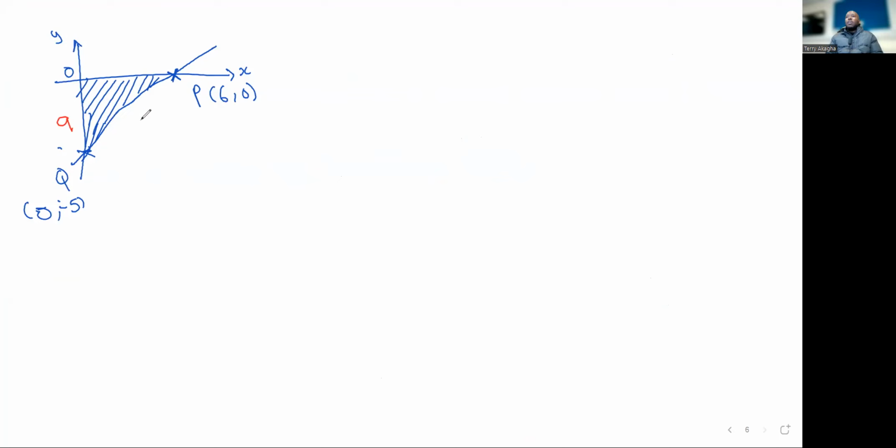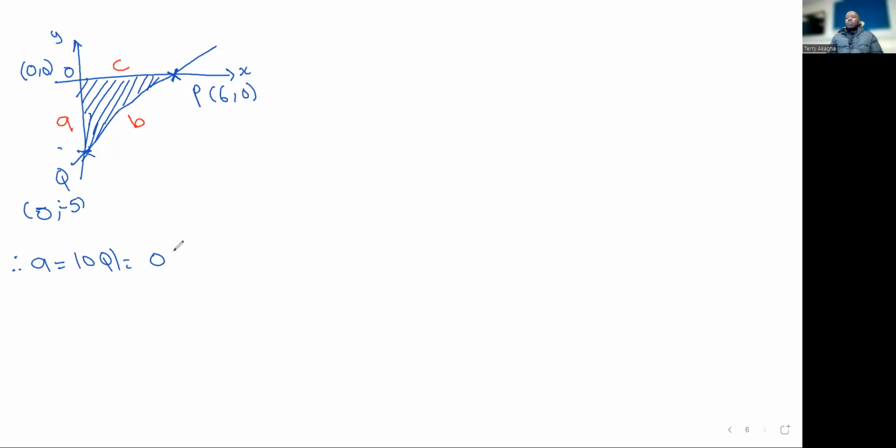Then PQ, let's call this side B, and OP, let's call this side C. Okay, so now let's use the distance formula, because we already know that the coordinate of the origin is 0 and 0. So using the distance formula, we know A, which is equal to OQ, will be equal to the distance between O and Q.